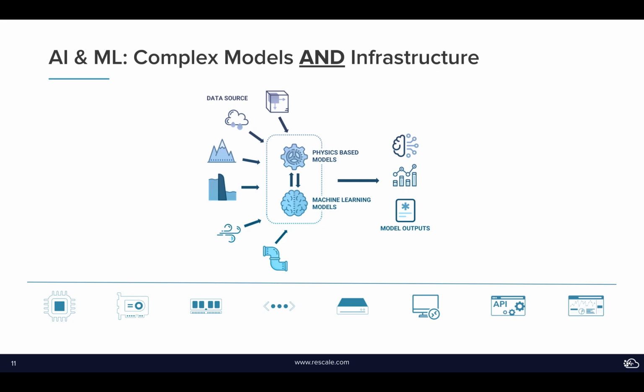And so there's several different things that make these models complex. First of all, the data sources. Of course, we have experimental data that require a large amount of processing. But I think also we have the means to produce and amass data from sensors embedded within our physical devices as well as our physics-based models.